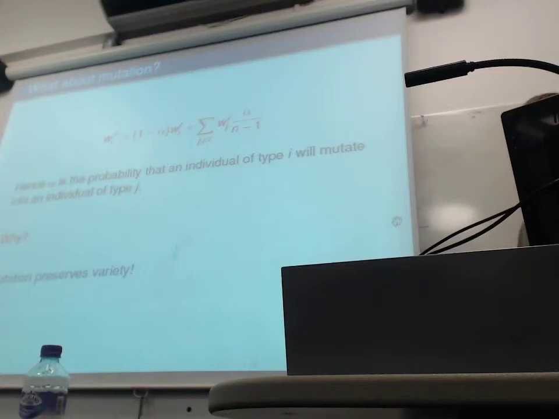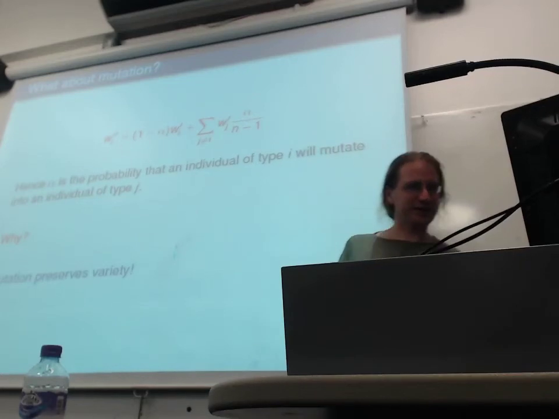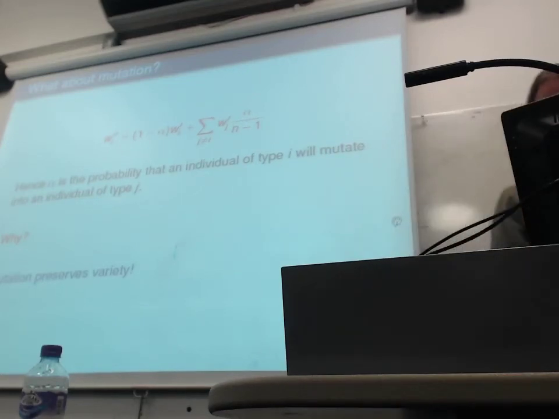So mutation gives us the share update. And you can think about it in a real population, this makes sense. If you want your population to be adaptive, you need some form of mutation, because at first one thing is good in the population, but then things will change over time.